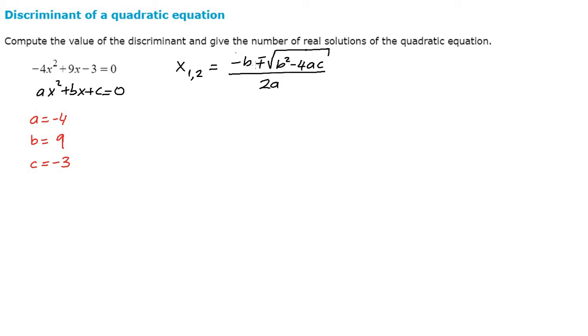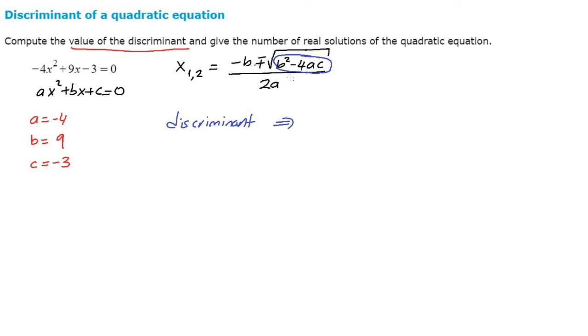In my question, it was saying compute the value of the discriminant. What's a discriminant? We need to identify this. The discriminant is the part under the square root sign.